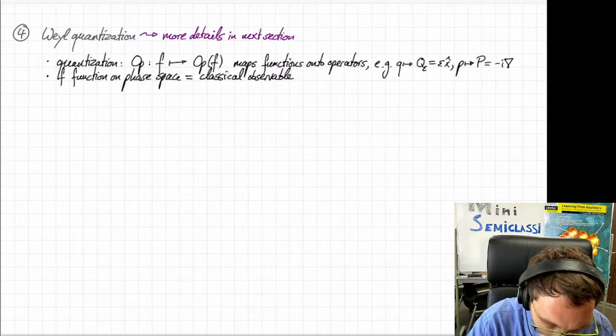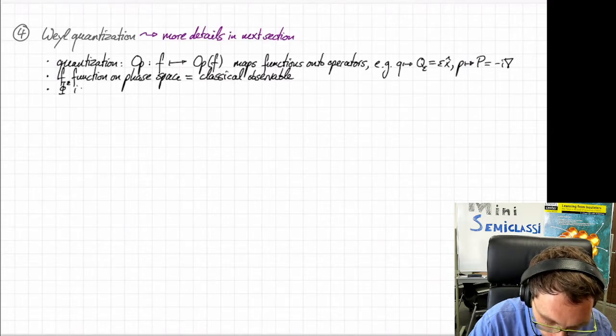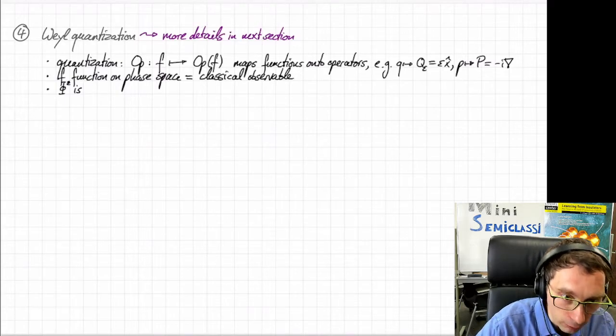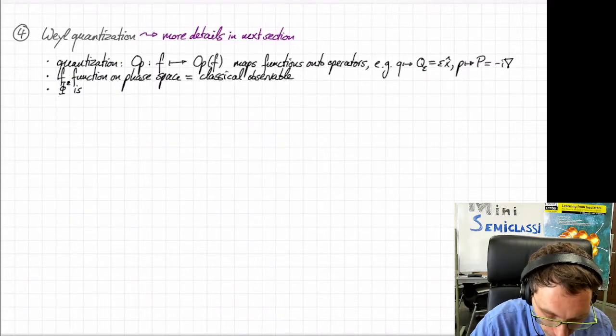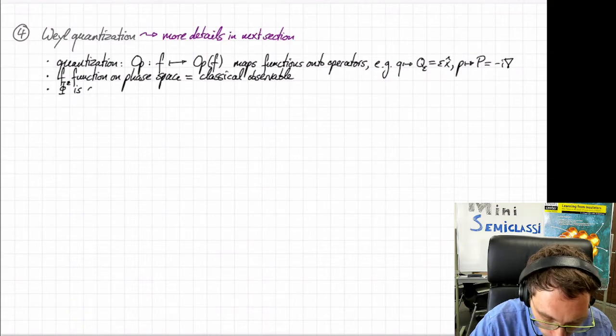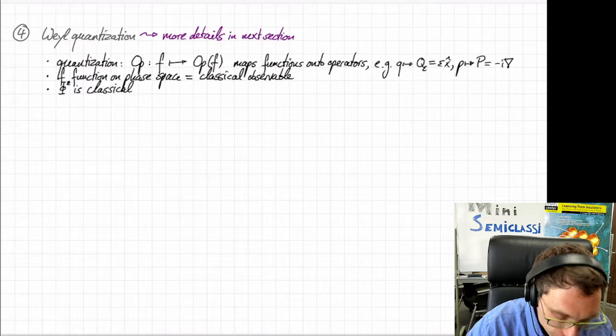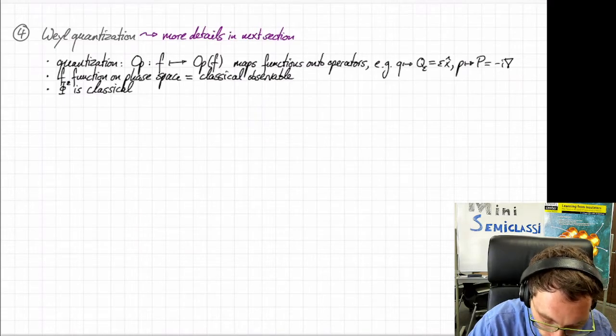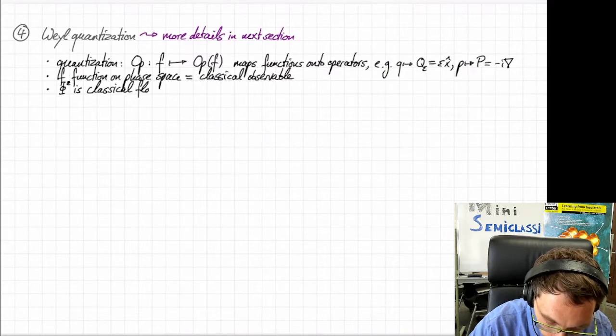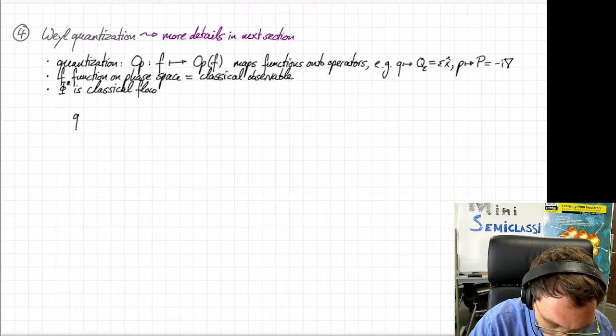And furthermore, let's assume that capital phi epsilon is, so this is a capital phi. This is not the potential, but this is the classical flow, or perhaps semi-classical flow. So it is the flow to the Hamiltonian equations of motion.